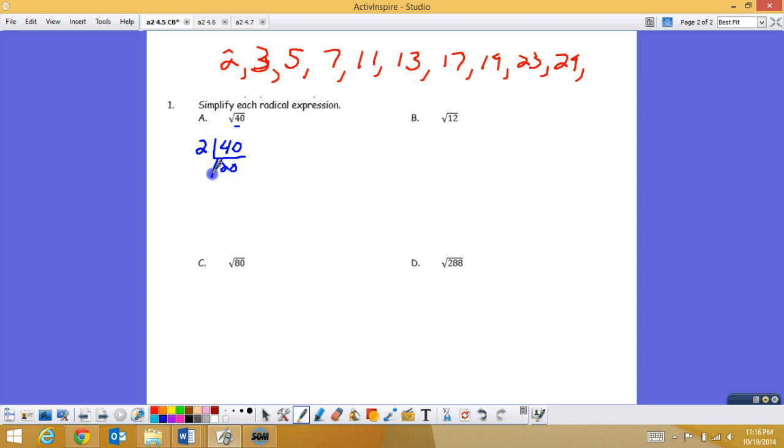So 2 goes into 40 20 times, still even. So 2 goes into 20 10 times, still even. So 2 goes into 10 5 times. And I keep going until I get a 1 here. So the prime number that goes into 5 is 5.